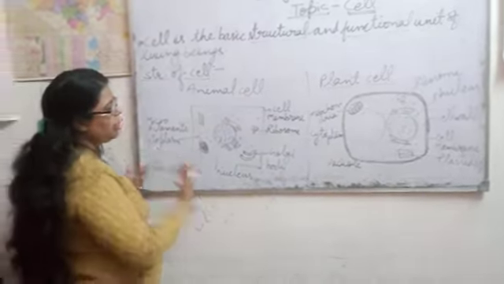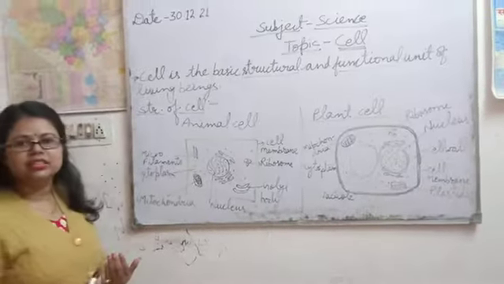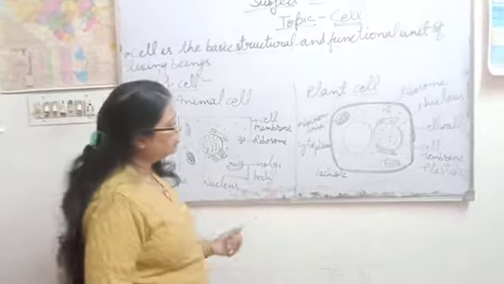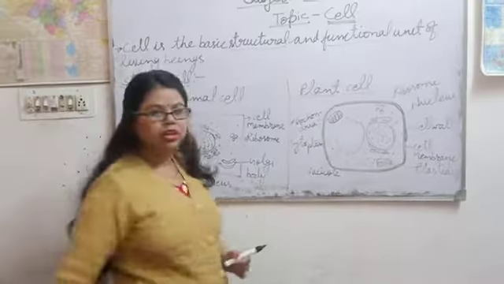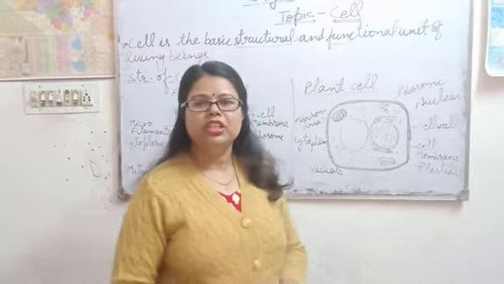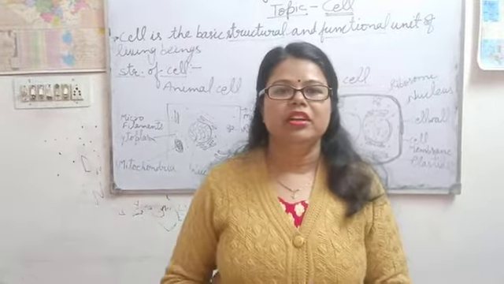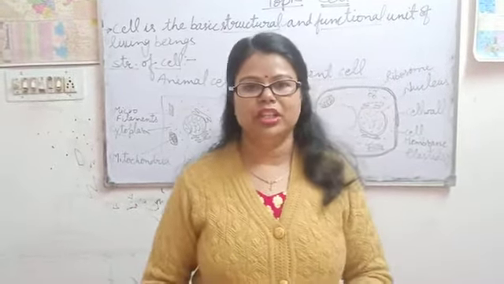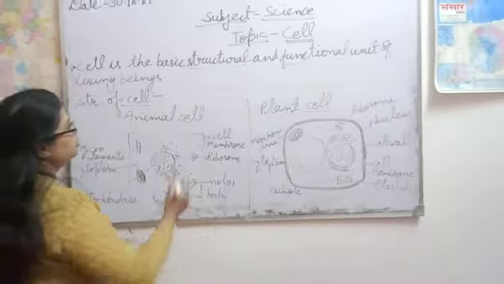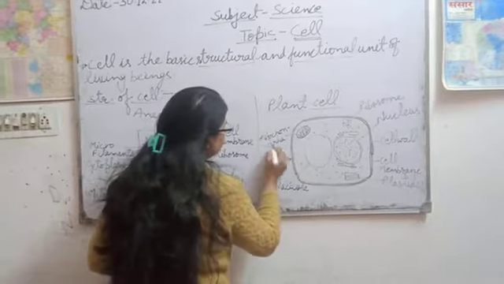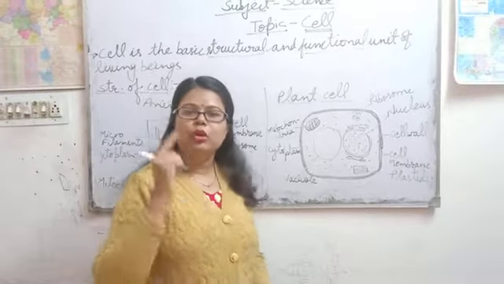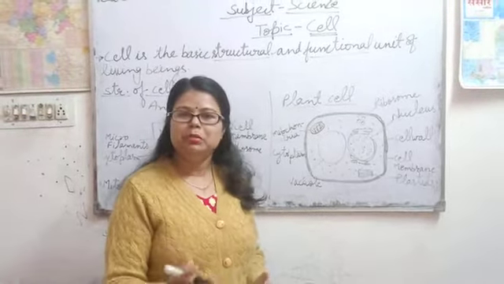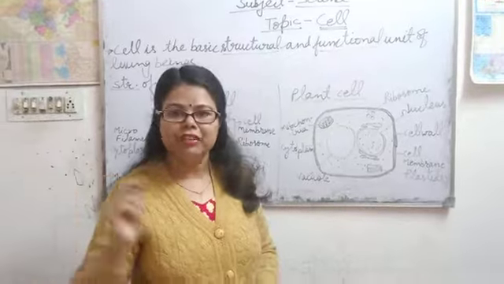There are so many cell organelles and all cell organelles have their specific functions. We take another example, the mitochondria. Mitochondria is another cell organelle that is called the powerhouse of the cell. Why? Because mitochondria help to release energy in the form of ATP. ATP means adenosine triphosphate.